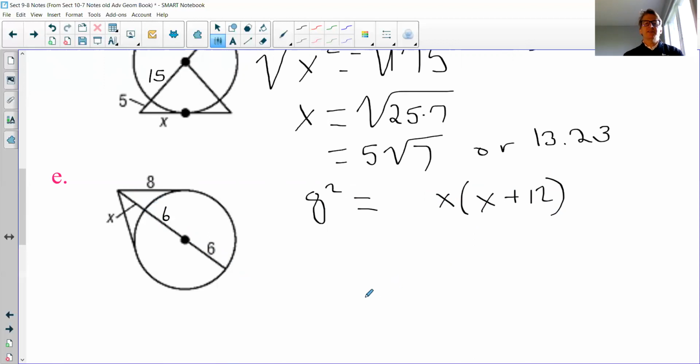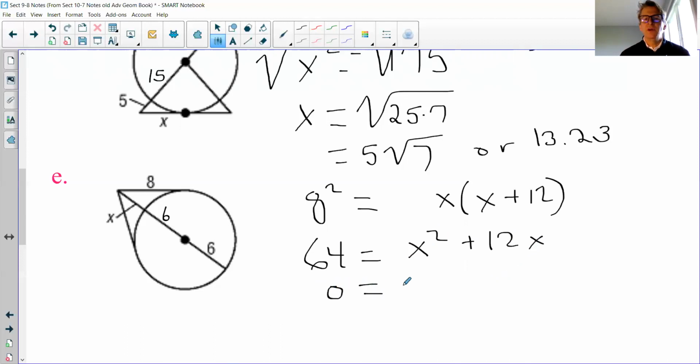All right, let's solve for x. 64 is equal to x squared plus 12x. Subtract 64 from both sides, you end up with 0 is equal to x squared plus 12x minus 64. And we're looking for the 2 factors that when you multiply them together, you get 64, and when you add them together, you get this positive 12.